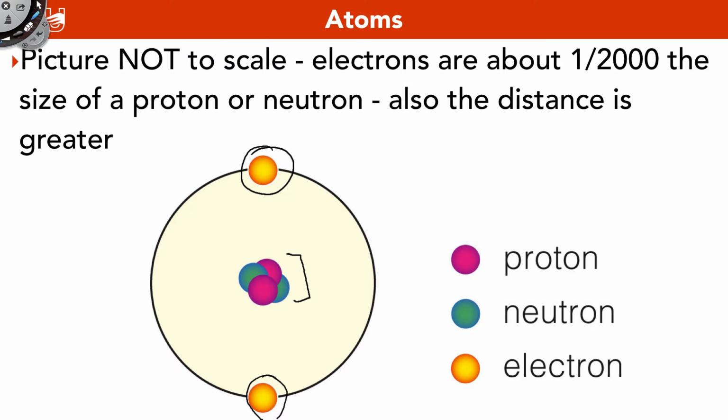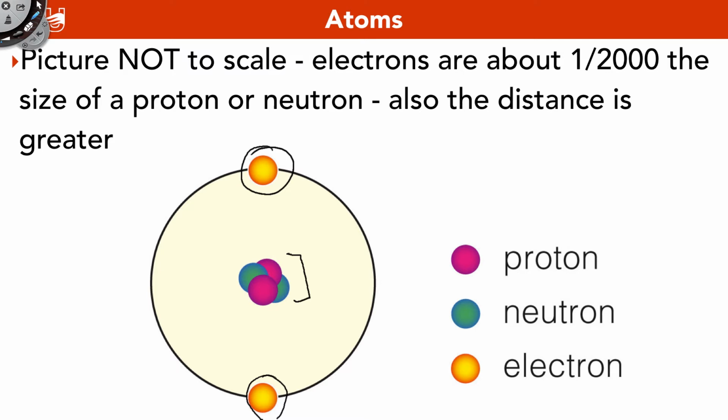Now, these pictures are not drawn to scale. This is one of those little things that we do this way because we want to describe it in the format you're seeing. In actuality, the electron is far, far smaller than the proton and neutron, and the distance between the two is far greater than shown here.